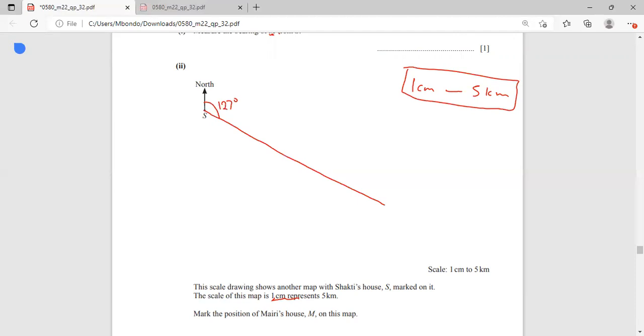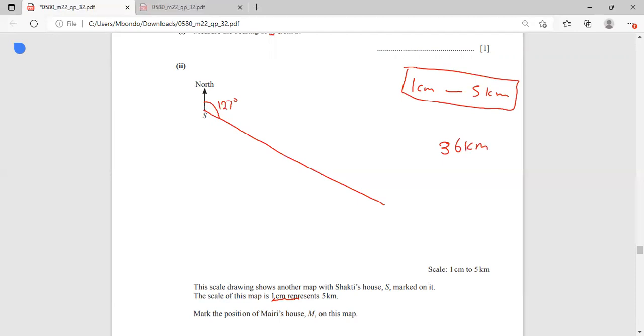So we know that the distance from one house to the other is 36 kilometers when the scale was 1 centimeter to 4 kilometers.